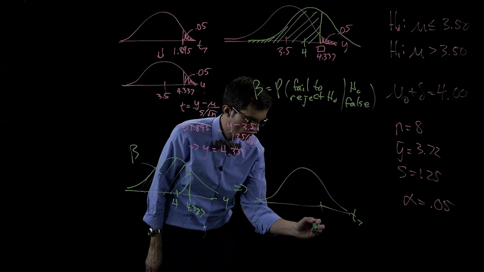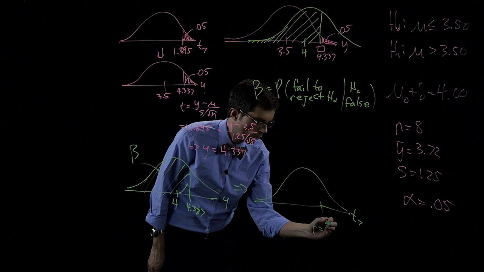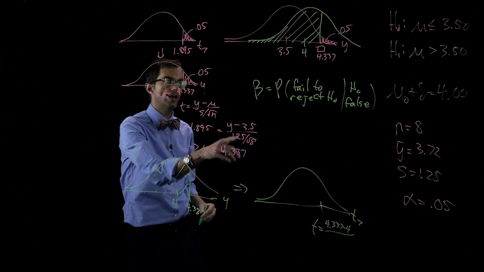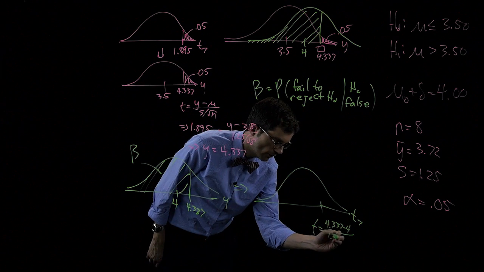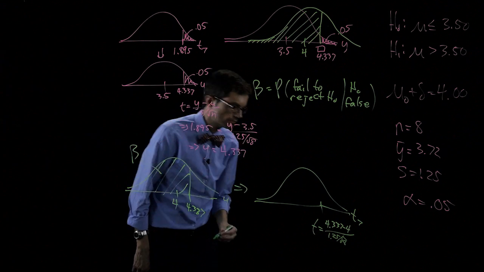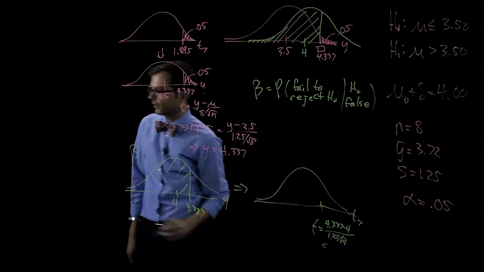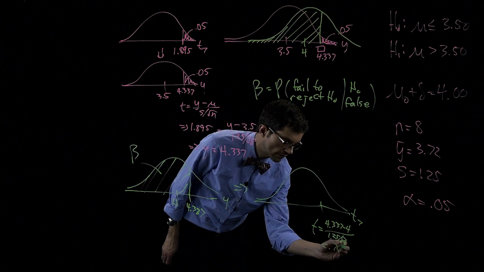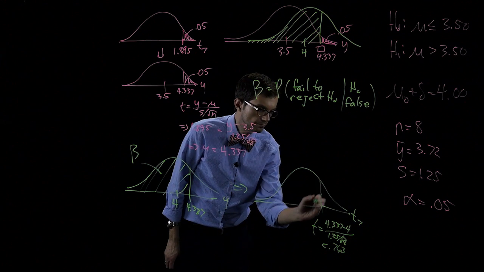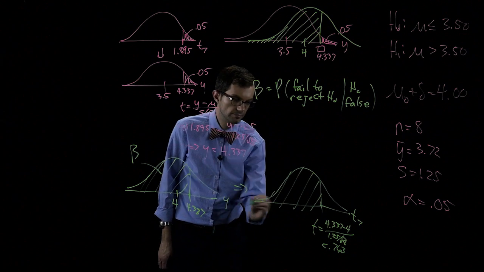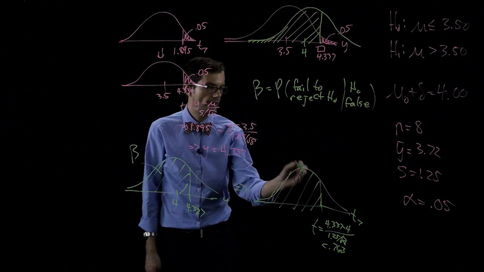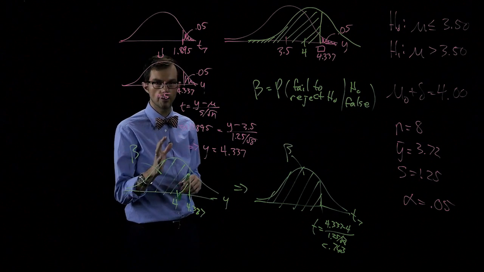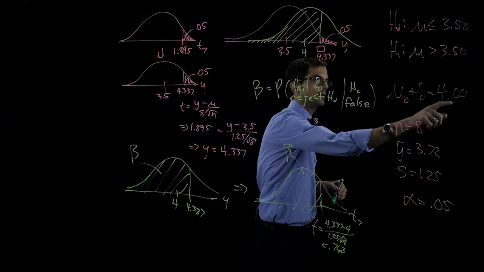That value is t equals 4.337 minus 4 divided by s over root n, 1.25 over root 8. If we work that out, we should get a value of 0.763. That area right there is beta. That's the probability of type 2 error when the real mean is 4.